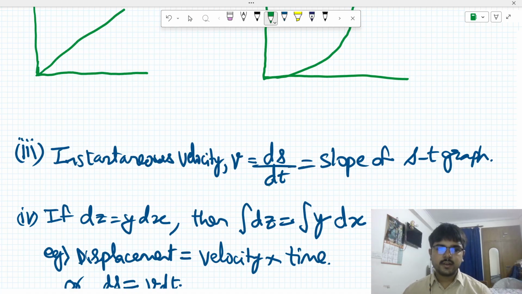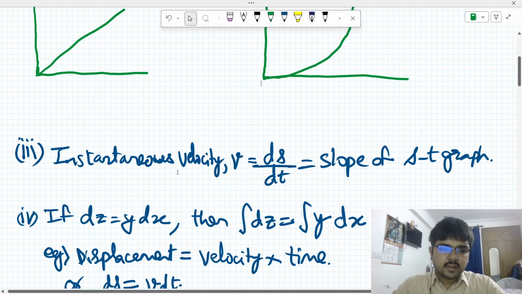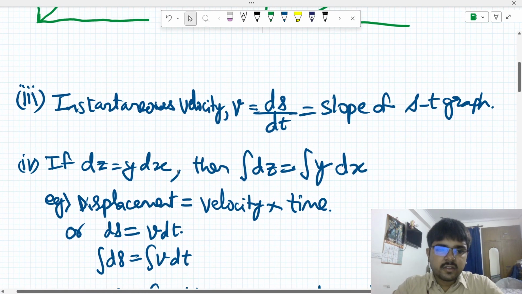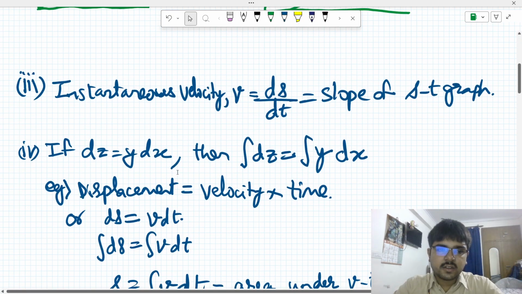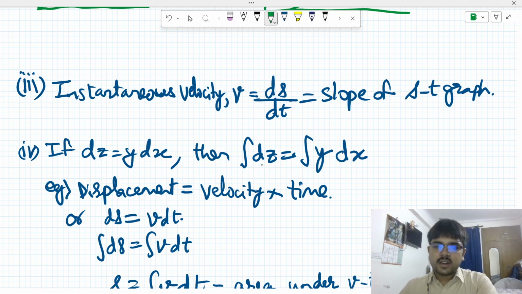Now the fourth point: if there is an equation dz equals y dx, then the integral of dz equals the integral of y dx. Displacement is equal to velocity into time, we know that.